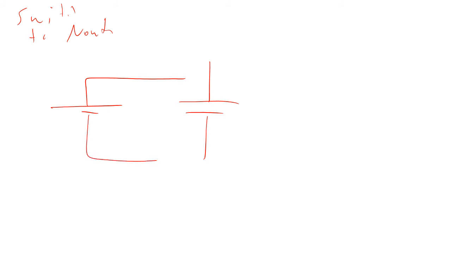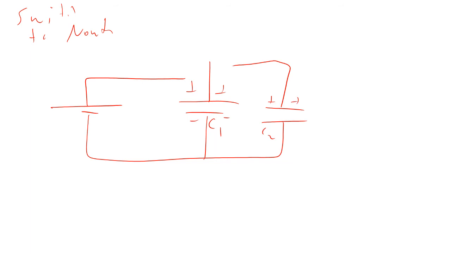Okay. Now, switch to neutral. So now the switch is back in the neutral position. C1, C2. Well, now we have charge here. It's got nowhere to go. So that means nothing changes.